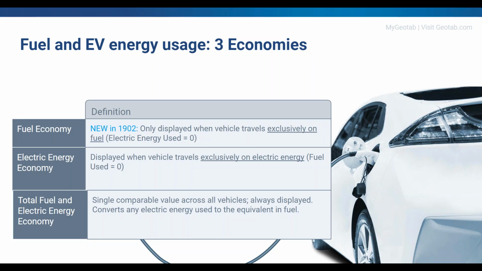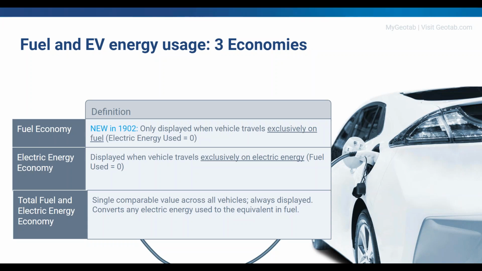The reason is if the vehicle is traveling on electric energy only or on electric energy and fuel, such as a plug-in hybrid, it doesn't give an accurate read on just the fuel economy. It would provide a really positive fuel economy, but it wouldn't actually encompass all the energy that was required for that vehicle to travel. It would only be for the fuel in that case. So we do not calculate that anymore, but for your fuel cars today, it will continue just as it is today.